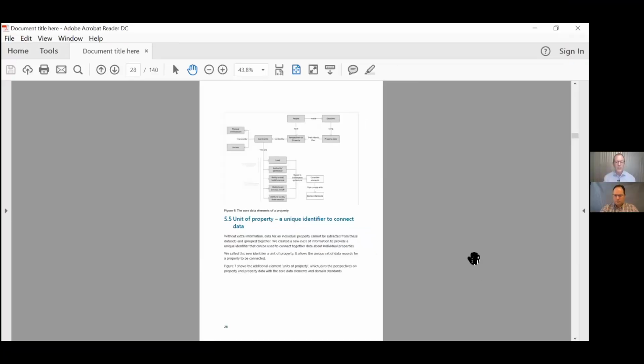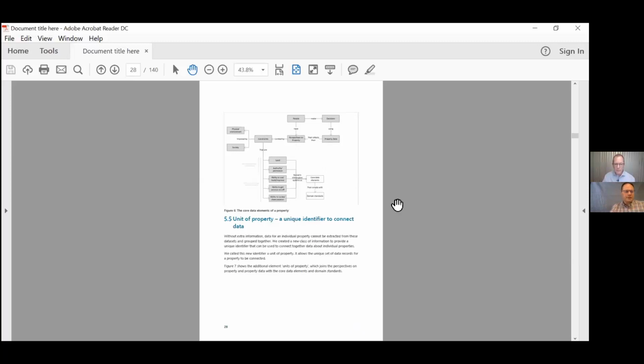So we hit on this idea of a perspective, and basically all a perspective is, it's what somebody says a property is at the time that they are working with that property for what they are wanting to do at the time.